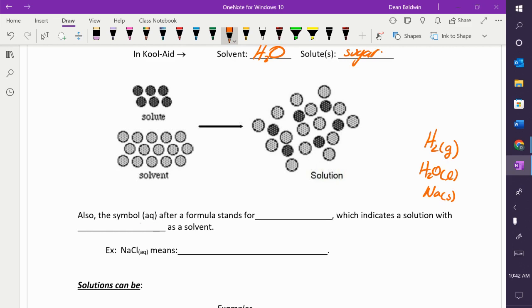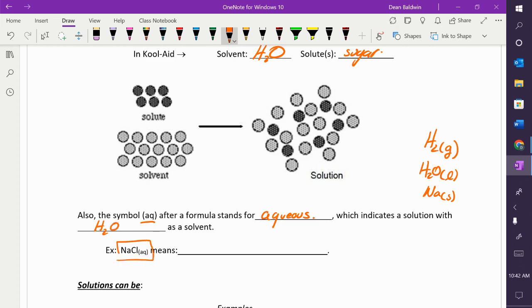Solid. If you write AQ, what does that mean? It means aqueous. It is dissolved, which means you're dissolved in water. Water is the solvent.